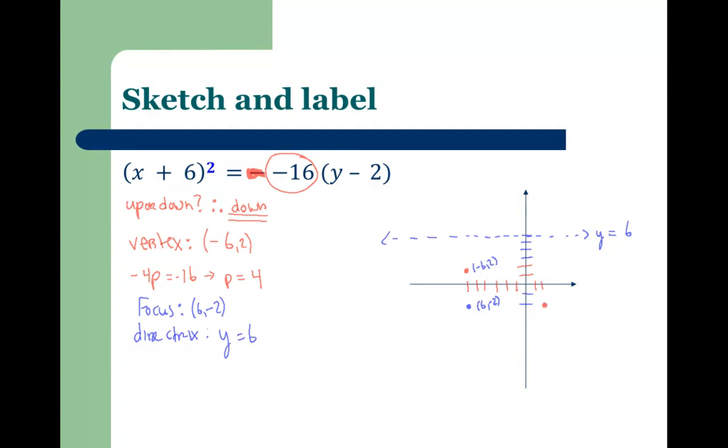There's a point on my parabola. 1, 2, 3, 4, 5, 6, 7, 8. There's a point on my parabola. So I'm just going to roughly sketch this. Oh, I missed. This is going to be a wide parabola.